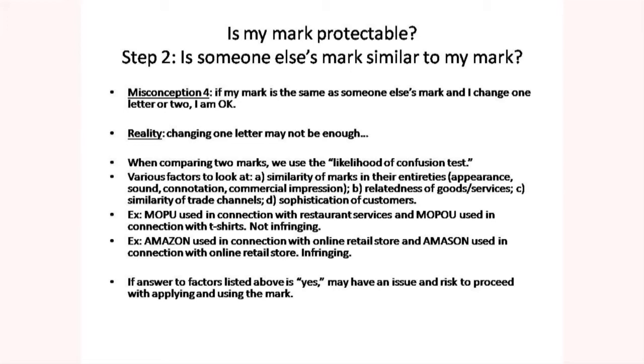When we do the likelihood of confusion test, we always put ourselves in the shoes of the customer. And the question we ask ourselves, that's the biggest question, is the customer likely to be confused as to the source of product number 1 and the source of product number 2? If the answer is yes, then we have a problem. There's different factors we're going to look at when we compare marks to determine if there is a likelihood of confusion. Obviously, we're going to compare the marks next to each other.